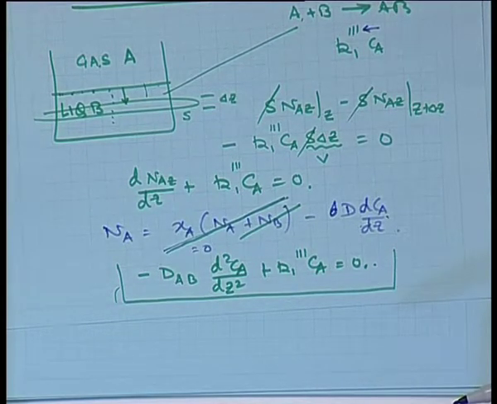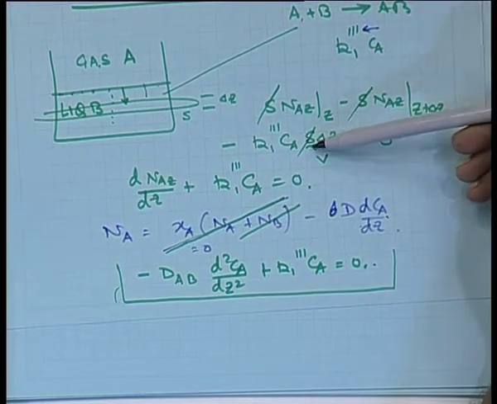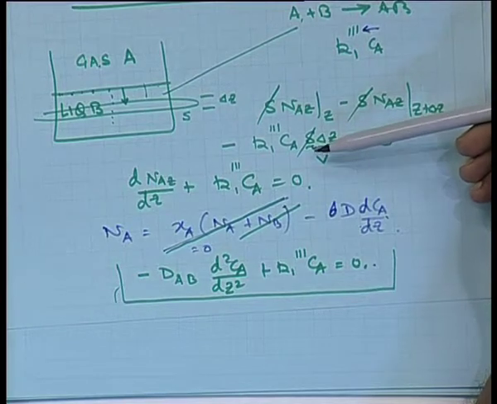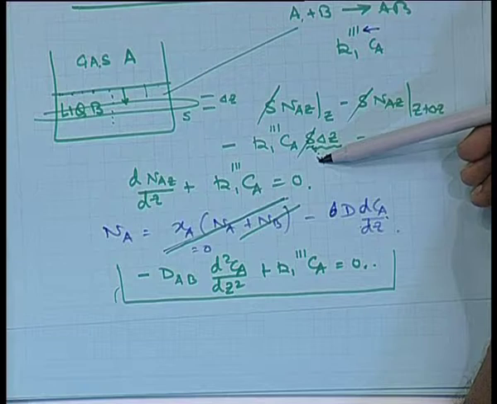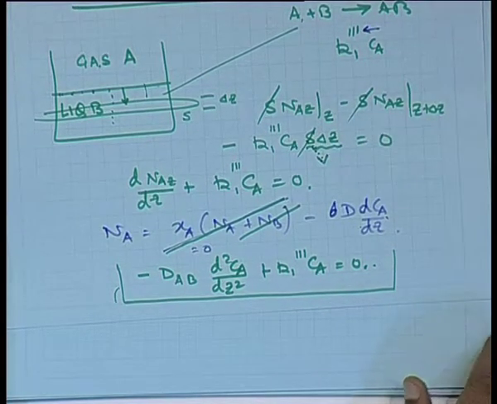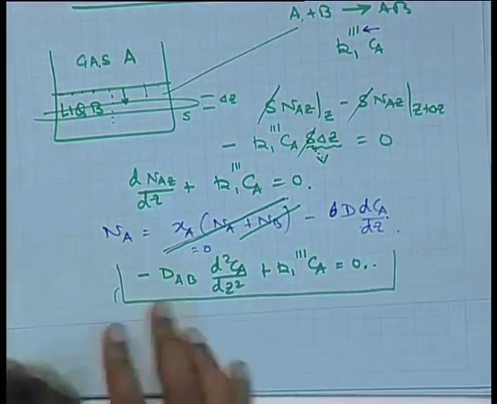But the important thing to note here is that a homogeneous reaction would appear as a source or sink term, unlike the heterogeneous one, which would come through a boundary condition. So, this is what we have covered till now. We will discuss the implication of this equation in the next class. Thank you.